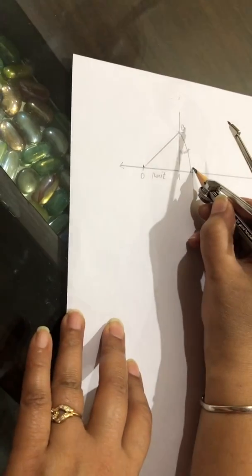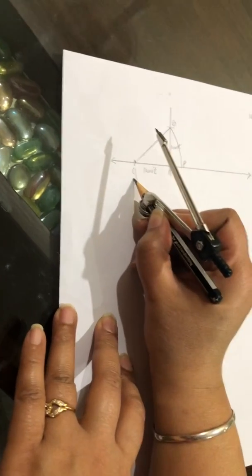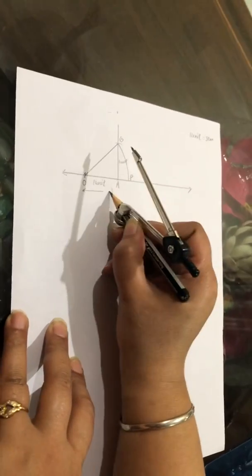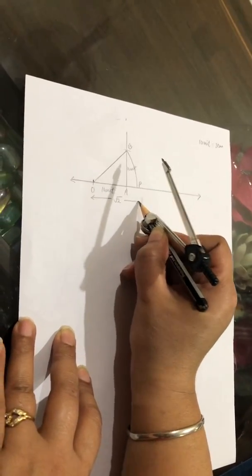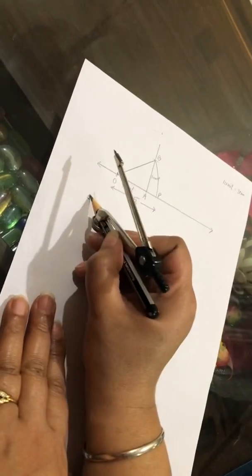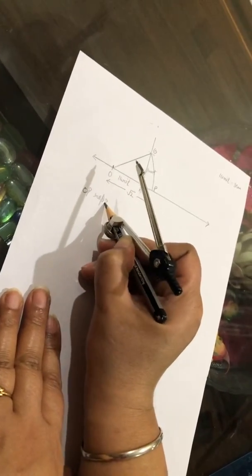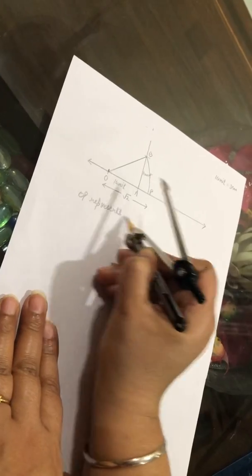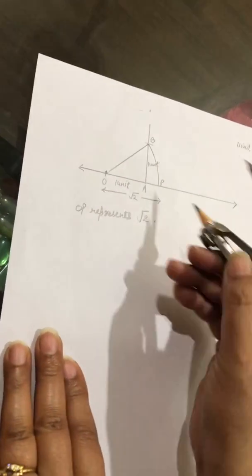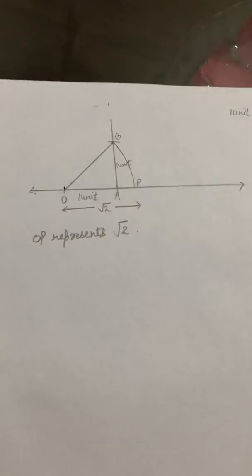So this point is P. So O to P represents root 2. So OP represents root 2. This is how we can represent root 2 on the number line.